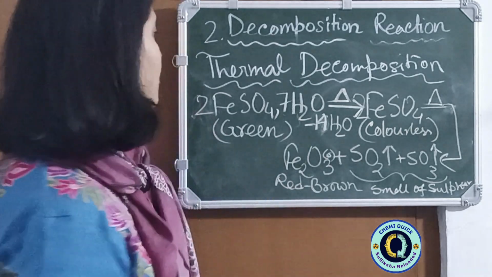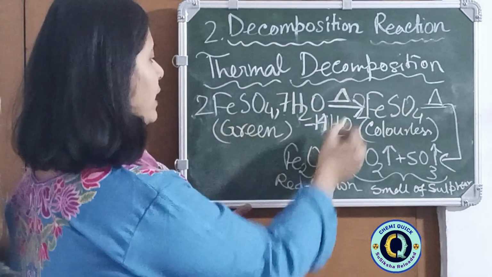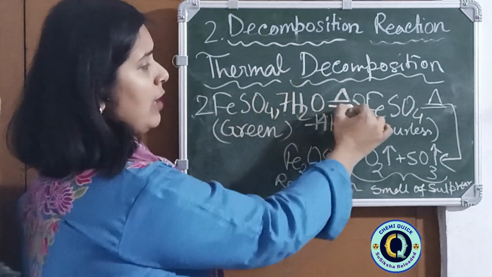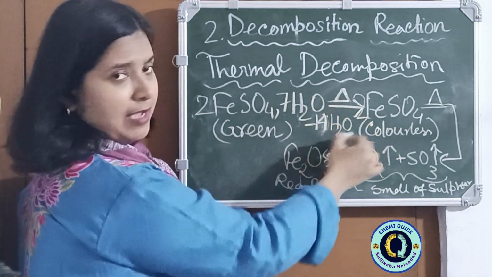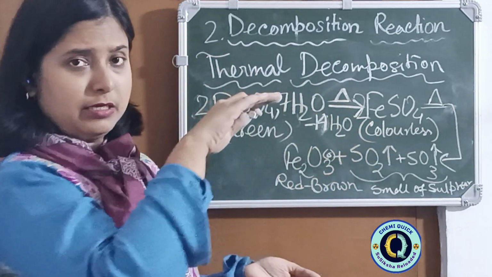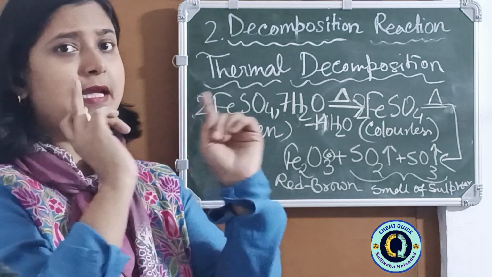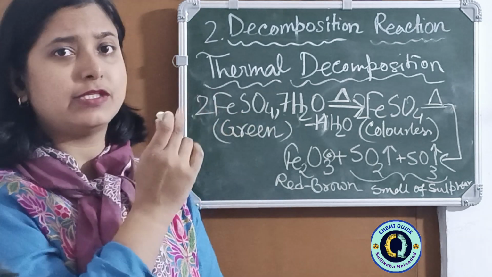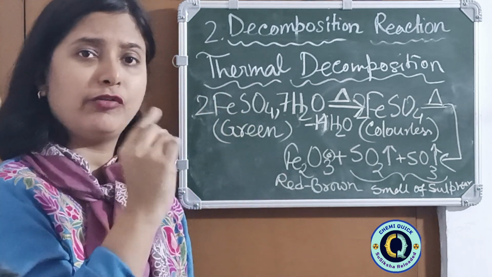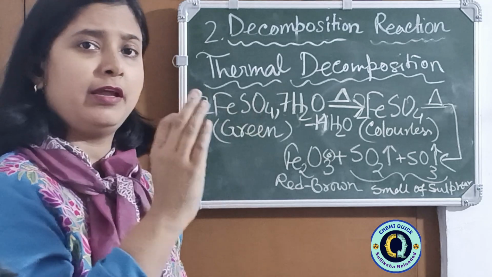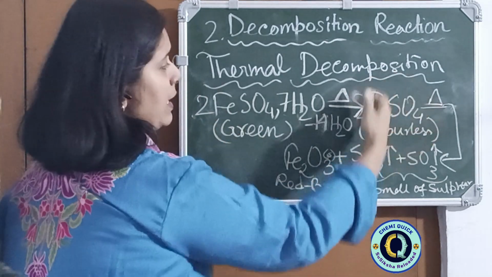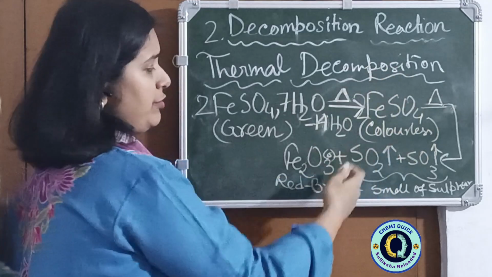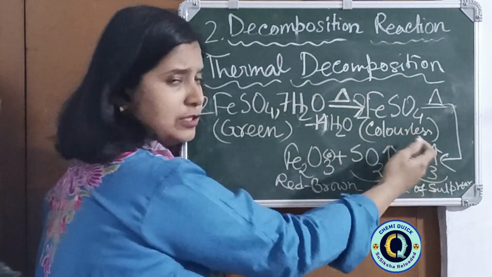Explain. So you have to write that the green crystal of FeSO4, as soon as it is heated, the water of crystallization goes out, and as the test tube is closed, it reaches the cooler part of the test tube, converts into water droplets and accumulates there. Then further heating breaks down FeSO4 into Fe2O3, SO2, SO3.